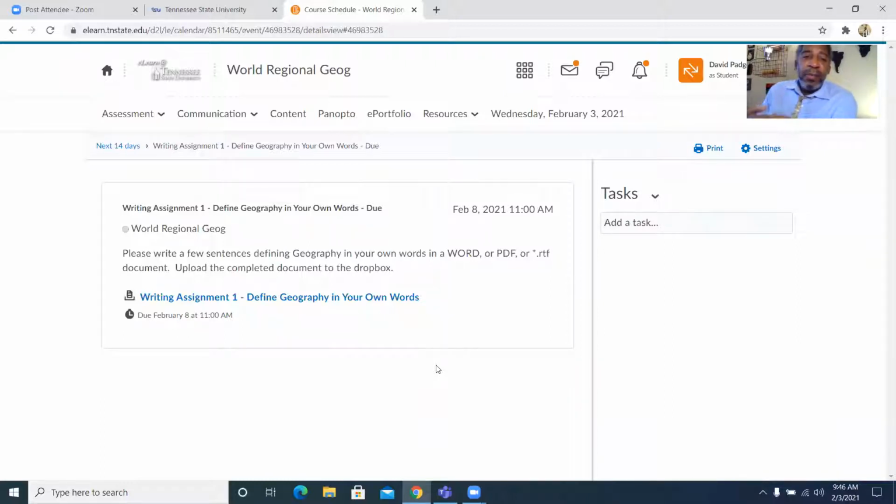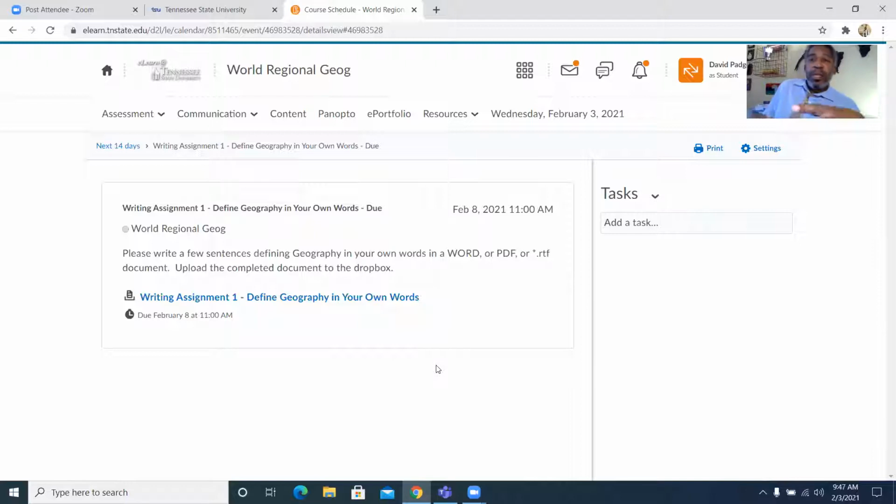Just write a few sentences. It can be first person. You could say, I believe that my belief in what geography is based in what I learned in my 8th grade geography class. We did blah, blah, blah, looked at maps, so on and so forth. It could be as simple as that.